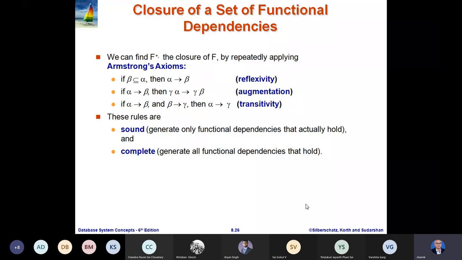So what does it all mean? It means that we are given F, and as the first bit says, we can find F plus, the closure of F, by repeatedly applying Armstrong's axioms, and these are the three axioms.